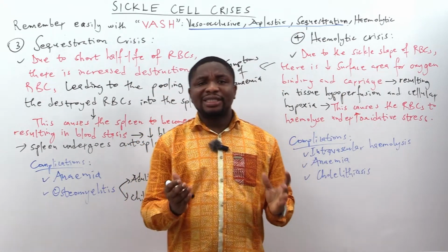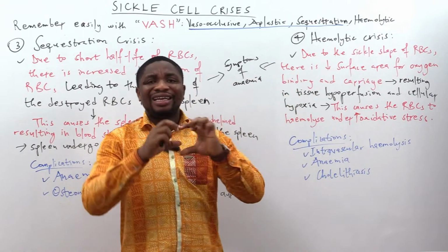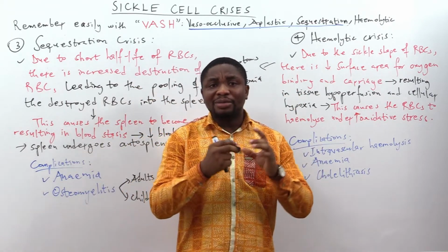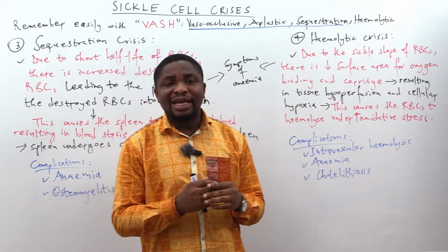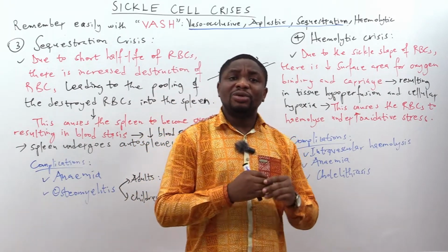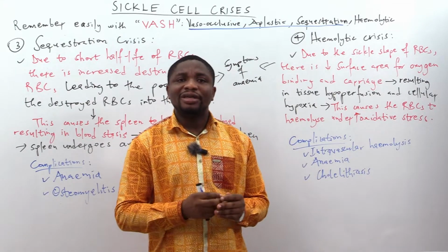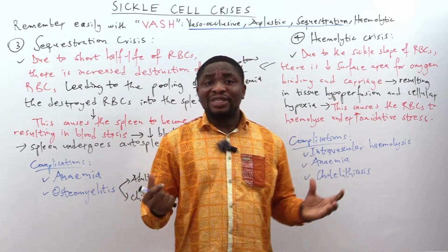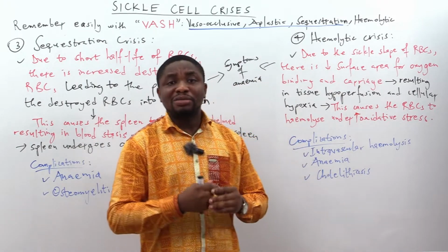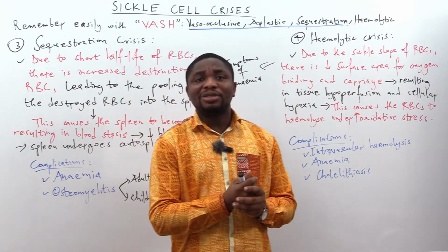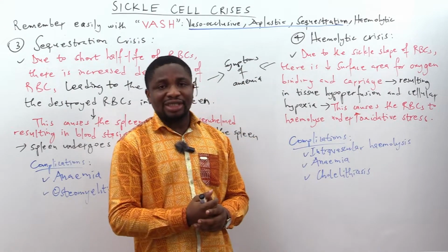With the hemolytic crisis, as we said, in sickle cell, the shape of the hemoglobin becomes what? Sickled. You see the sickle hemoglobin giving the red blood cell a sickle shape. As a result of the sickle shape of the red blood cell, there is loss of the surface area for oxygen binding. And as a result, oxygen binding and carriage becomes increasingly decreased.